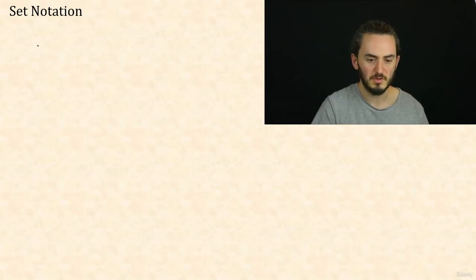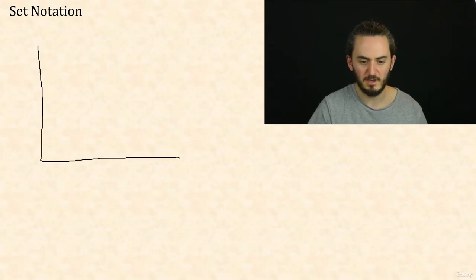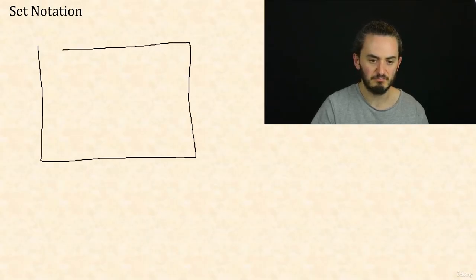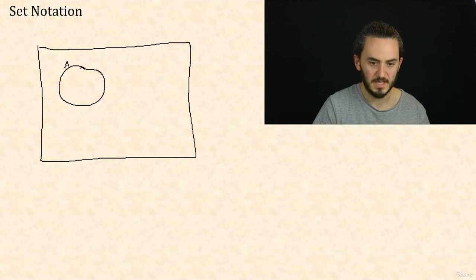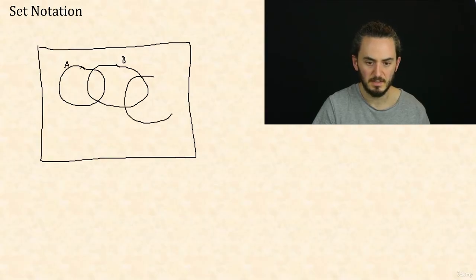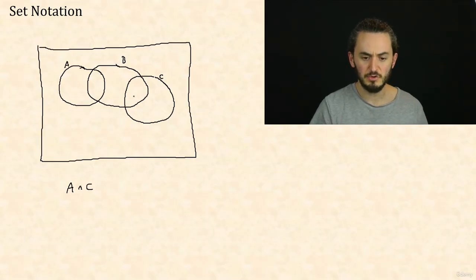All right, so suppose you had the following Venn diagram. So you've got A here, and you've got B here, and you've got C here. So how could we describe A and C? Well, A and C do not intersect at all, right?